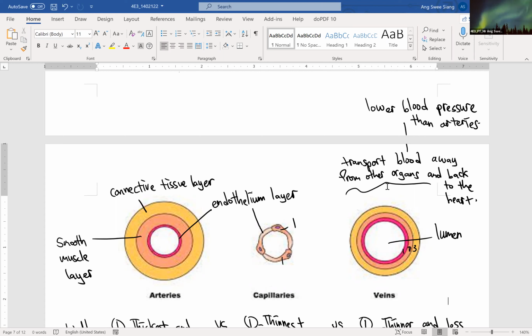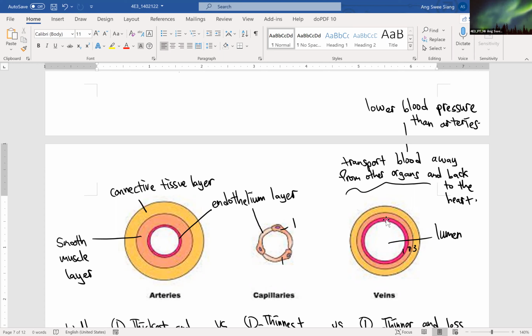Maybe some small veins are also cut. That's why the blood is flowing very slowly. But if you accidentally cut a major artery, or if unfortunately a person gets involved in an accident, then due to the huge impact force, the major arteries are cut or severed. Then there will be blood spurting out, and the person will die of blood loss very easily.